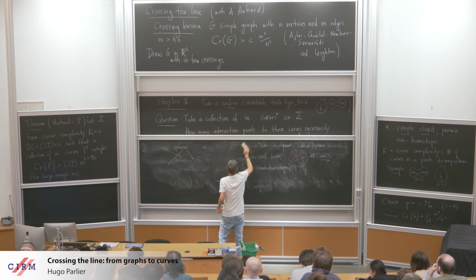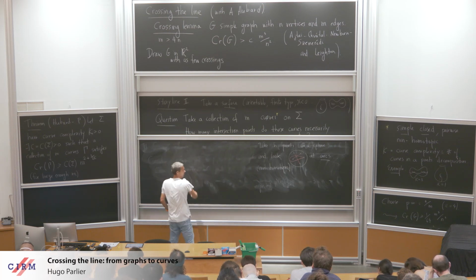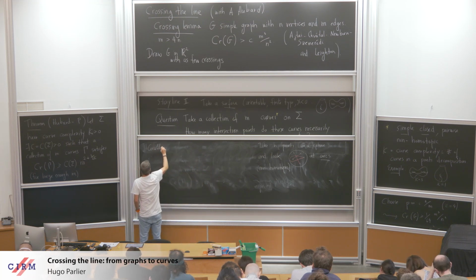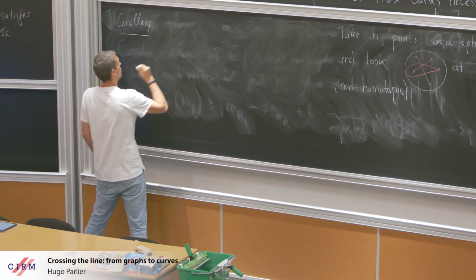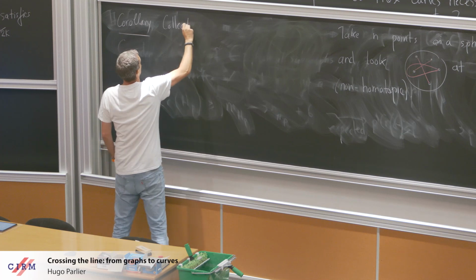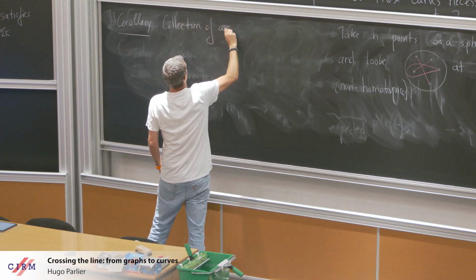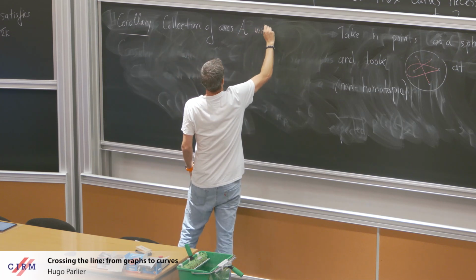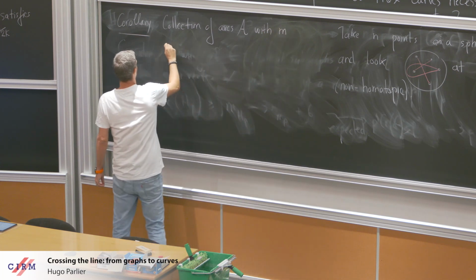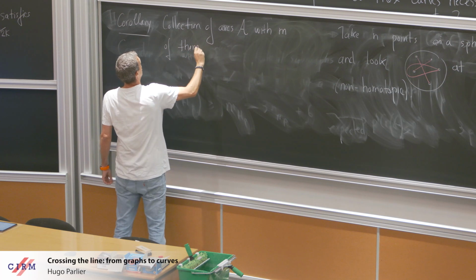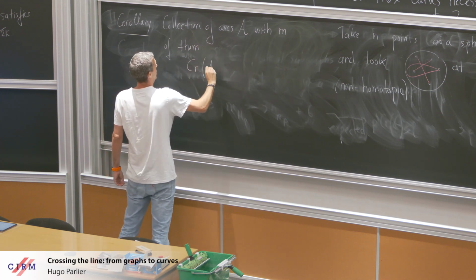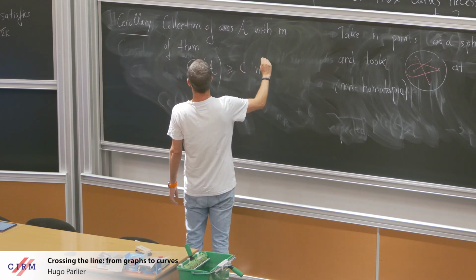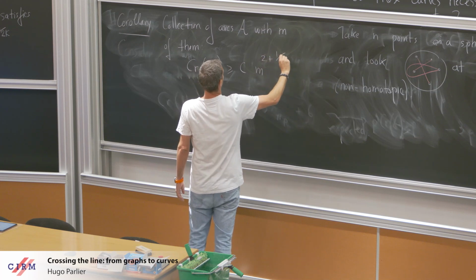And so, sort of a corollary of this: if I have a collection of arcs, of cardinality m, then the crossing number of this thing here is also greater than or equal to some constant times m to the power of 2 plus 1 over 2 kappa.